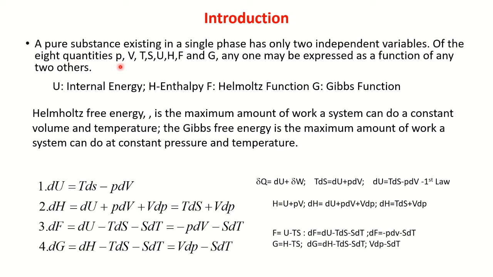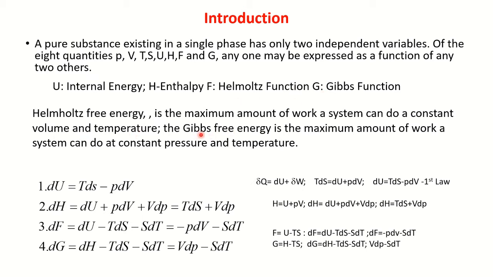So all these things are familiar now, but again, just recall F and G, which are discussed under the availability topic. F, the Helmholtz free energy, is the maximum amount of work a system can do at constant volume and temperature.